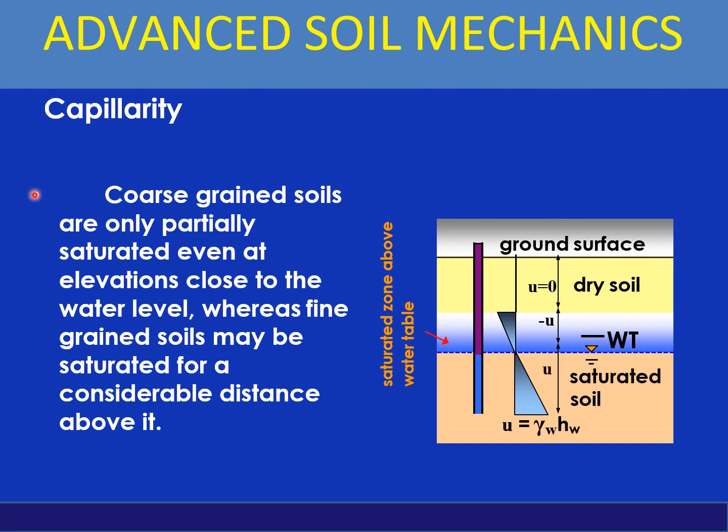Coarse grained soils are only partially saturated even at elevations close to the water level, whereas fine grained soils may be saturated for a considerable distance above it. So look at that. This is the groundwater table level, and because of the suction or the capillary rise, you can see the negative pore water pressure is there, and the soil is fully saturated up to a certain height above the groundwater table.